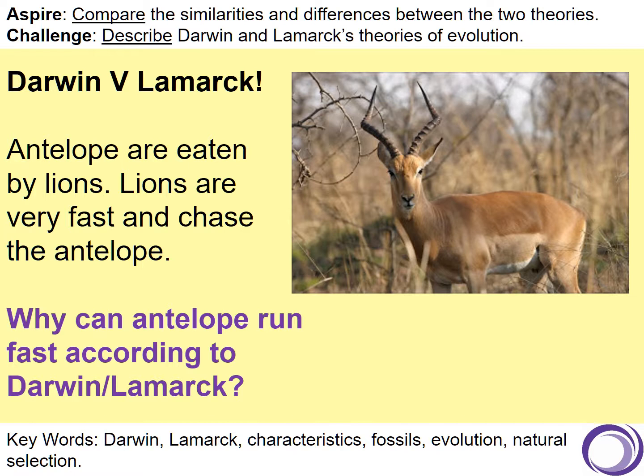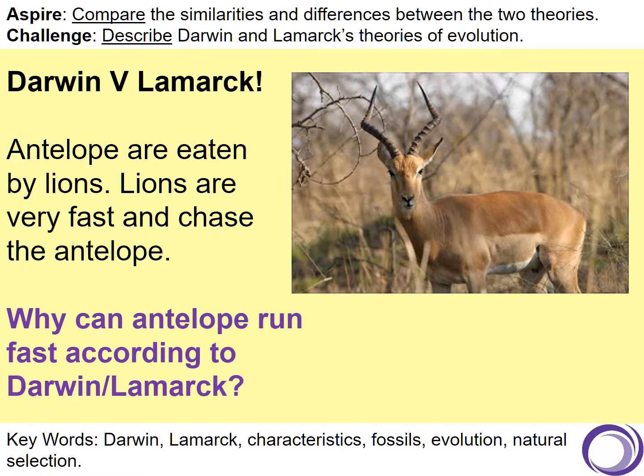Okay, so Darwin would say because the antelopes that can run fast survive, they go on to reproduce, so the characteristic of being able to run fast will be passed on to the offspring, and over generations, the offspring will evolve to be able to run faster.